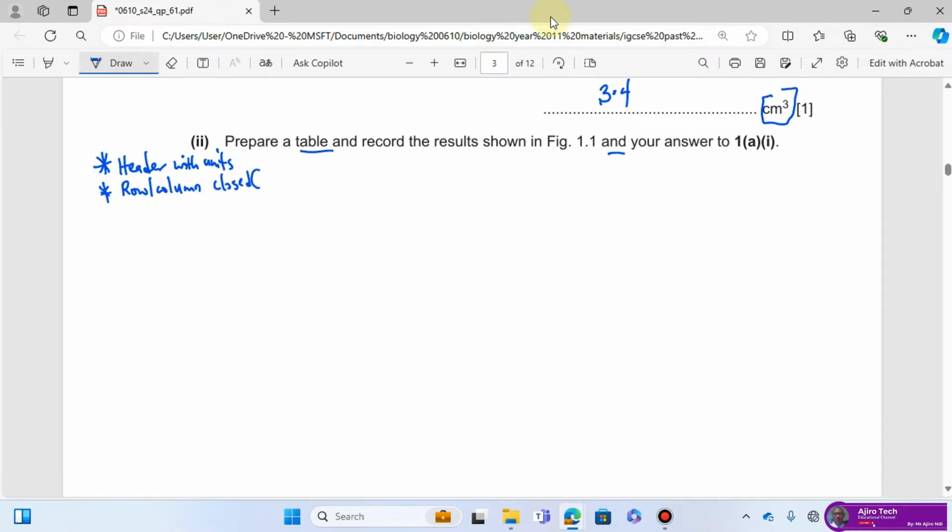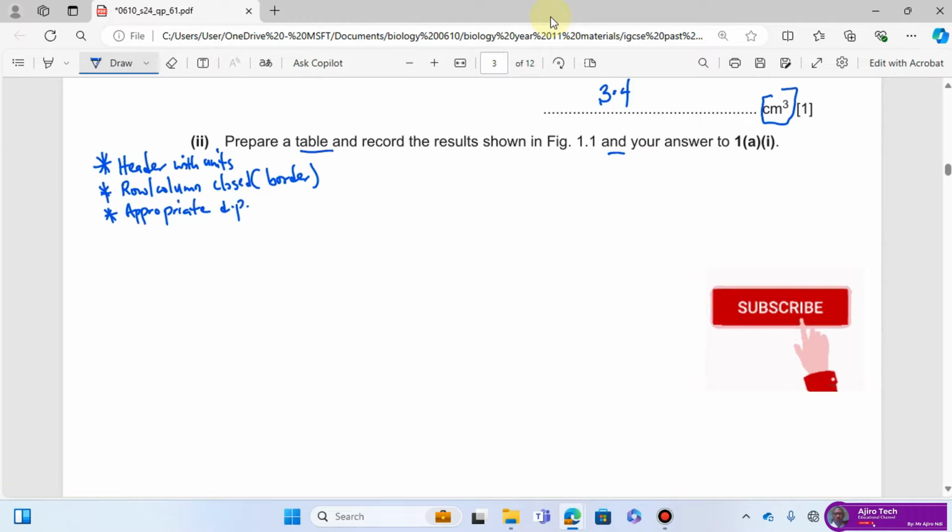What do I mean by that? You close all borders, and then you use appropriate decimal places where necessary, or follow an appropriate pattern.